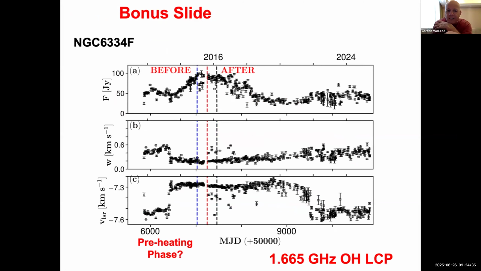You can see I fit a Gaussian to it, so I have flux, line width, and velocity. And the thing that's most important in this case is that the flux started increasing in this Gaussian fitting at about 2013, not 2015 here. This is where methanol started increasing.